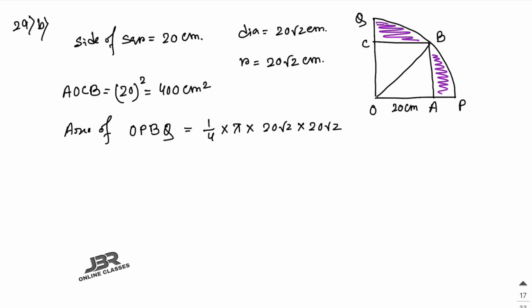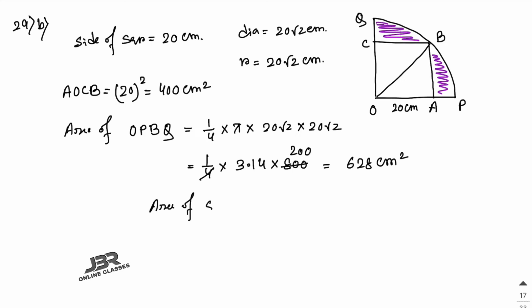So 1 by 4 pi r square, where r square is 20 root 2 into 20 root 2. 1 by 4 pi means 3.14, and 20 root 2 into 20 root 2 is 800. So 4 cancels out, 200, that means 628 centimeter square. So the area of the shaded portion equals 628 minus 400, very easy, 228 centimeter square as your answer.